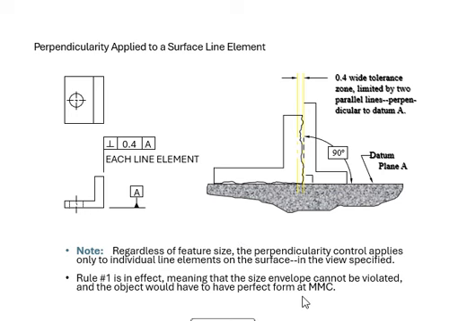So what does it mean? The same thing: your object has to have perfect form at maximum material condition. And we don't have a size tolerance here. So therefore, your max depends on this tolerance specification.